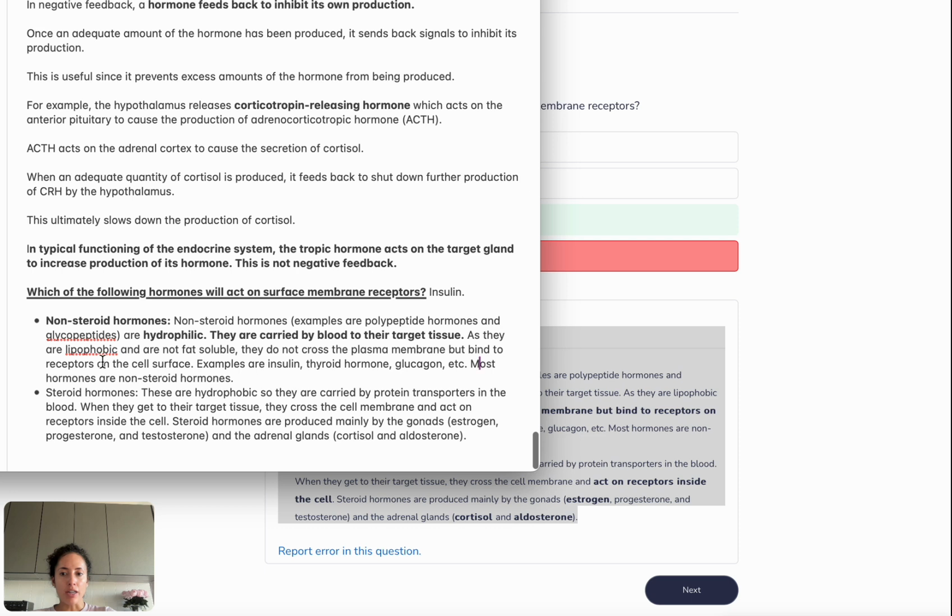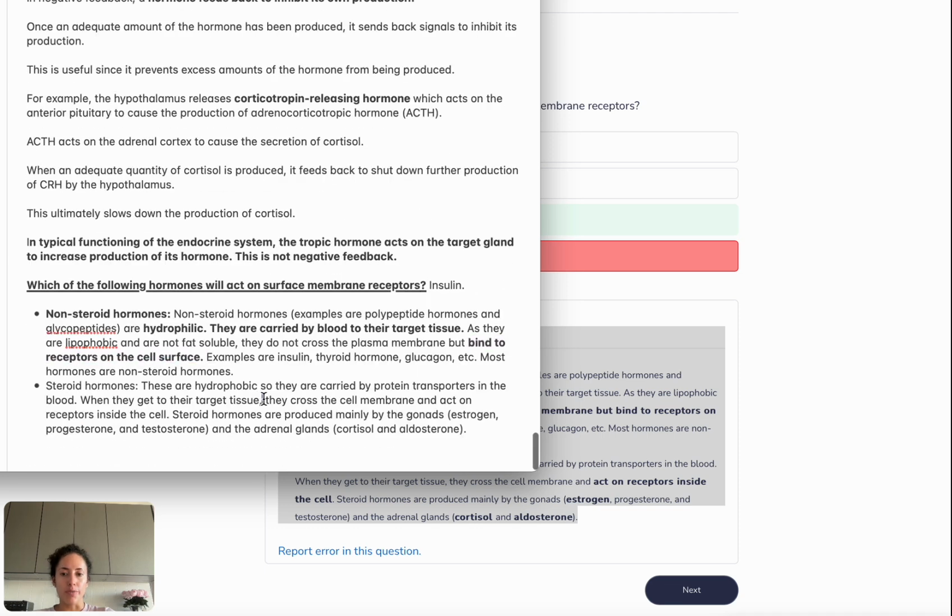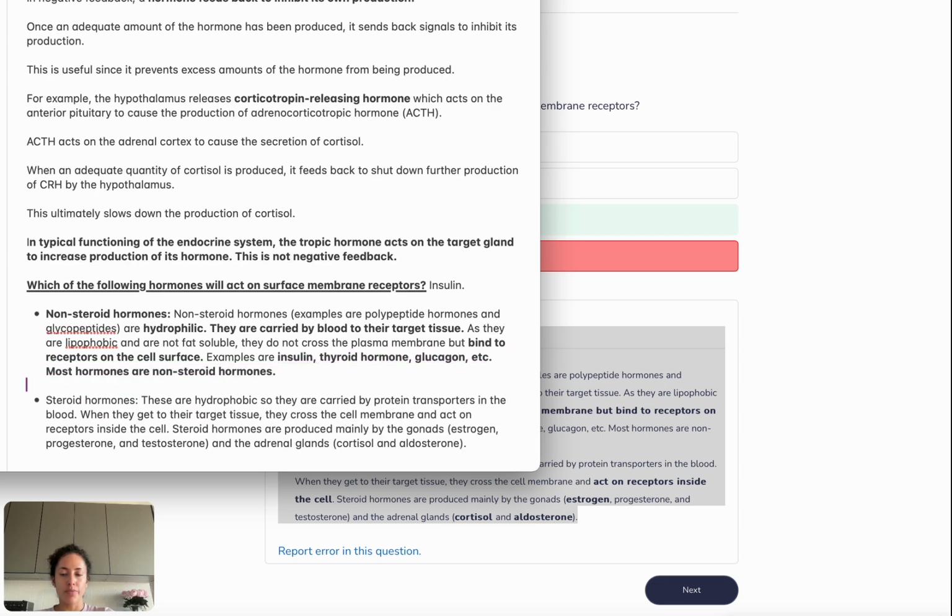As they are lipophobic and not fat soluble, they do not cross the plasma membrane but bind to receptors on the cell surface. That's good to know. Examples are insulin, thyroid hormone, glucagon. Most hormones are non-steroid hormones.